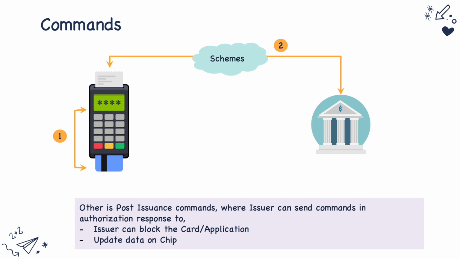In a Magstripe card, once the card is issued, the data is not updatable by the issuer. Whereas in an EMV card, the issuer has the option to update the data on the chip post issuance. That is, once the card is issued to the customer, the issuer can later update the data when a transaction comes to the issuer through the terminal. These are called post issuance commands.